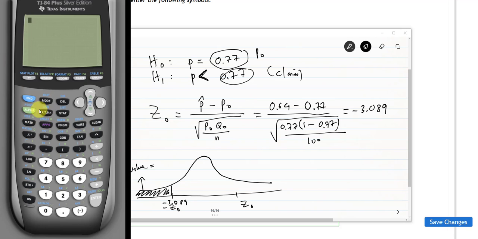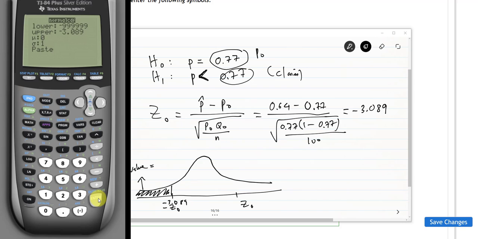So I go to second var to get me to distribution, and then this is the normal distributions, so I am going to use normal CDF. Okay, so the lower bound we want all the way to the left, so I put a very negative number, and then the upper bound I want to go up to negative 3.089, and then the mean is 0, the standard deviation is 1.